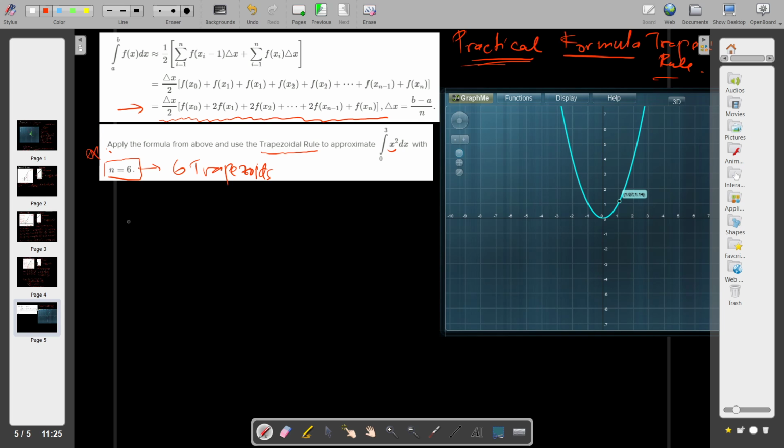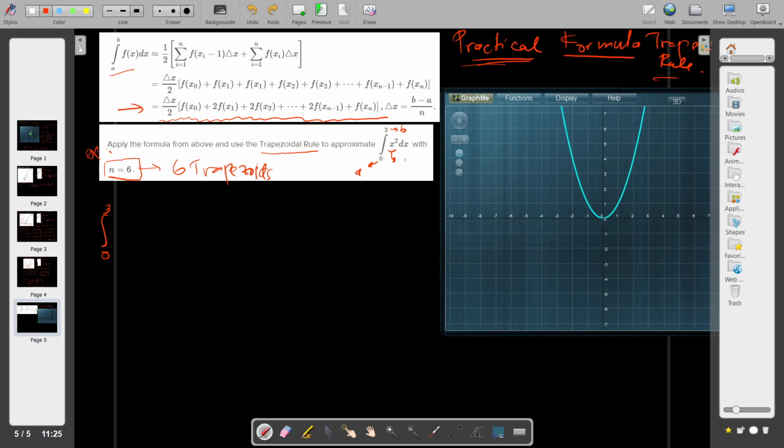We start from a. So a is 0, and then b. So b is 3.